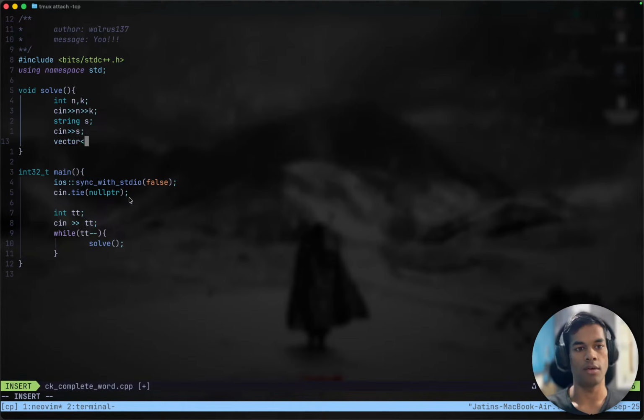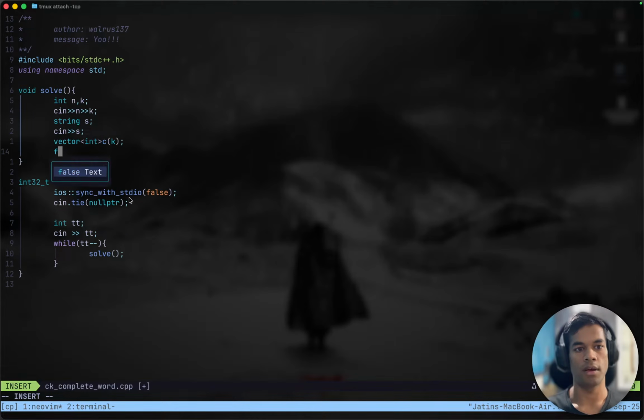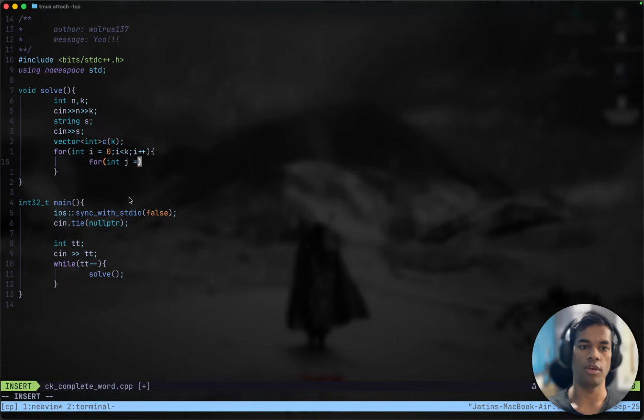Then what I will have is a vector of integers called C, as in count, and size is going to be K. And then for int i equals 0, i less than K, i plus plus, for int j equals 0, in the jth substring, j is always less than n by k, and we know n is always divisible by k, so that is cool. j plus plus.